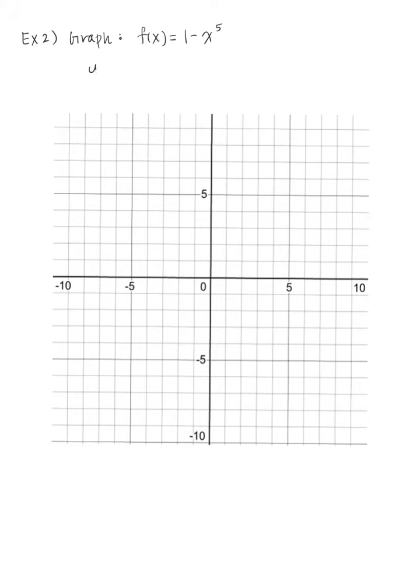So the first function is x to the fifth. Now, we know that since the exponent of this power function is odd, the key points are (0, 0), (1, 1), and (-1, -1). Those are the key points that our graph has to go through. So let's just give a rough sketch.